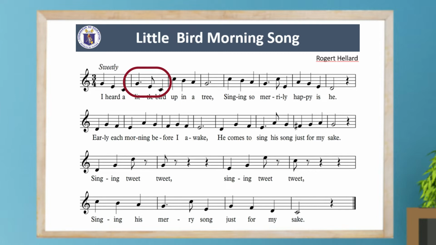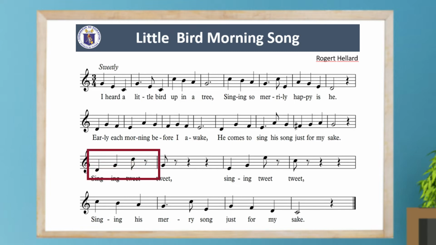Very good. There are 3 beats. So, we were right when we said that each measure of this song has 3 beats because it is in the 3/4 time signature. Now, try to identify the notes and rest in the boxed measure.